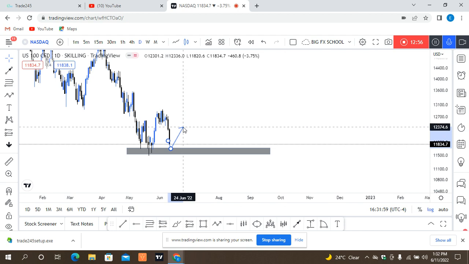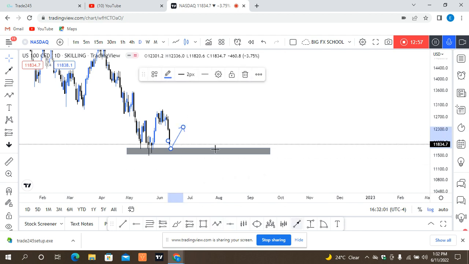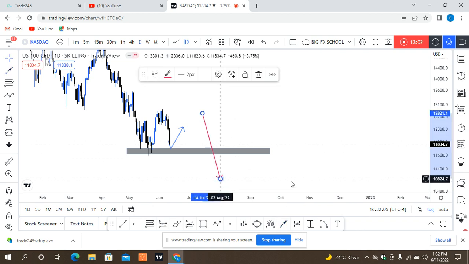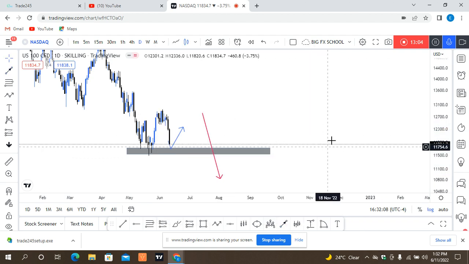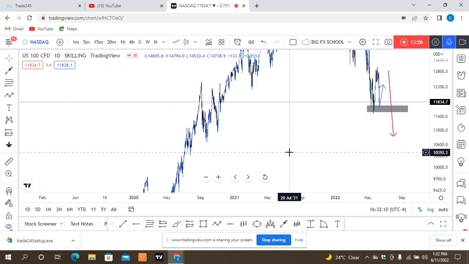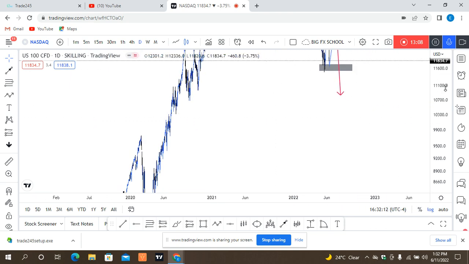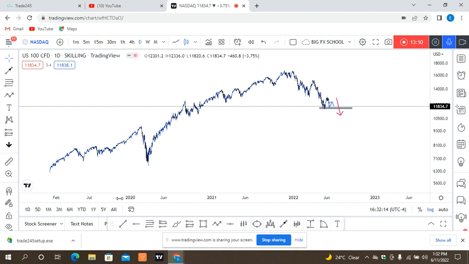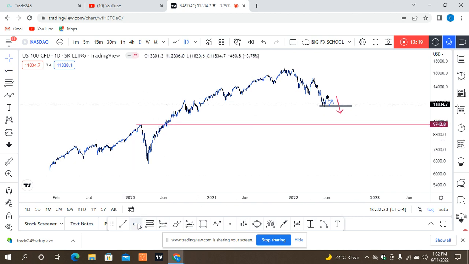then the market might come to break this low, okay? Because what we anticipate, like the market made this one breaking structure here, so our point of interest is in that zone.